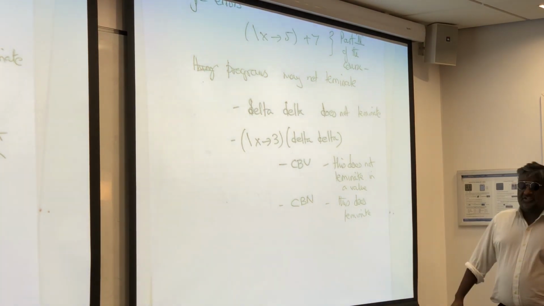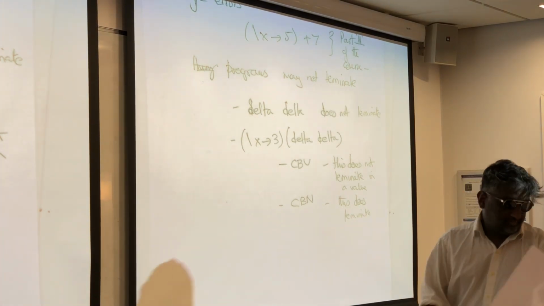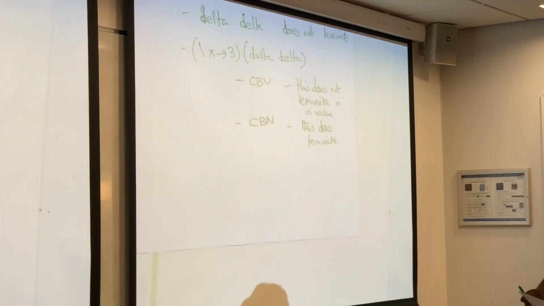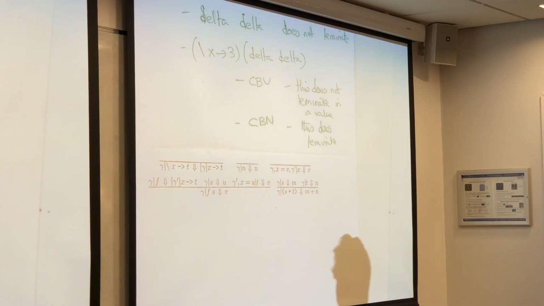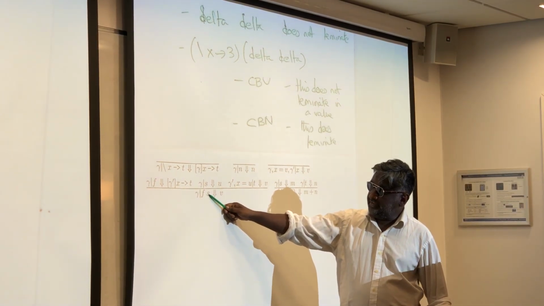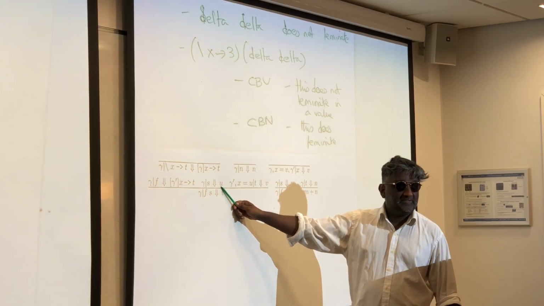Okay, so the reduction semantics we gave in the last lecture, when you did applications, when you get this S, the first thing you do to S is you evaluate it. You try and get a value.